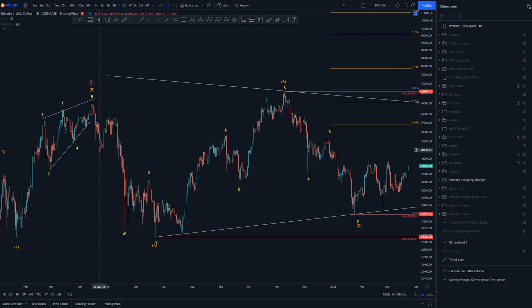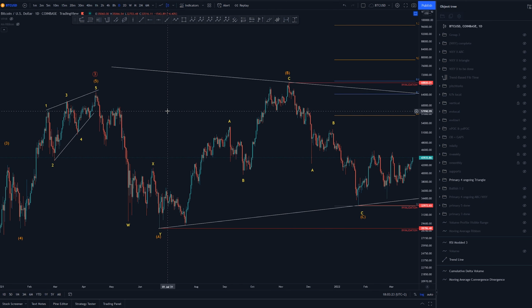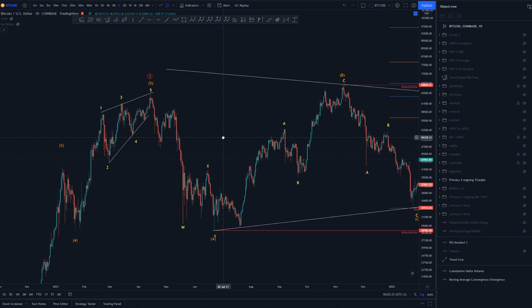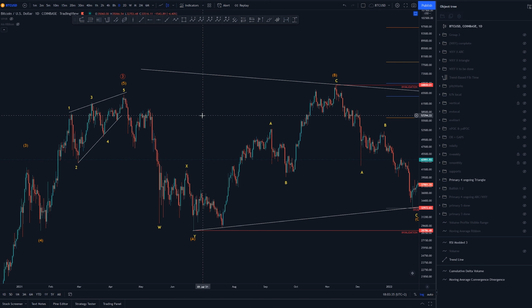Either we have the WX here on these 2 lows or highs, or we can have them here. Again, it is not pretty either way. This structure is weird, whichever way you want to play it.